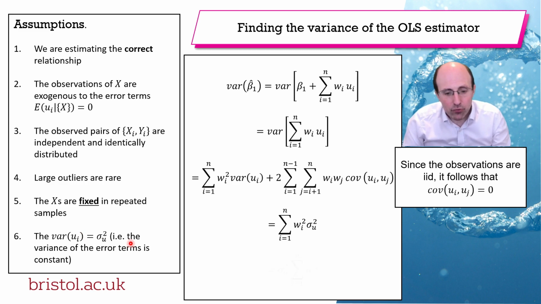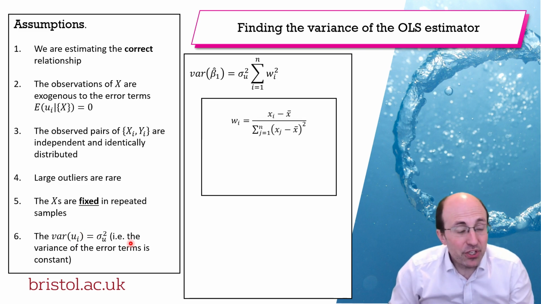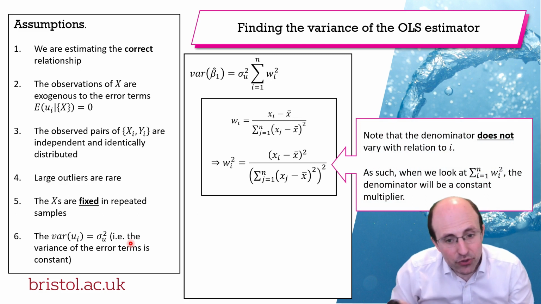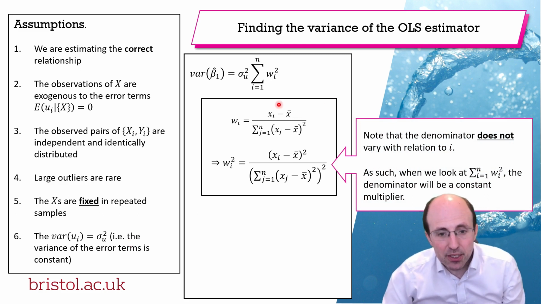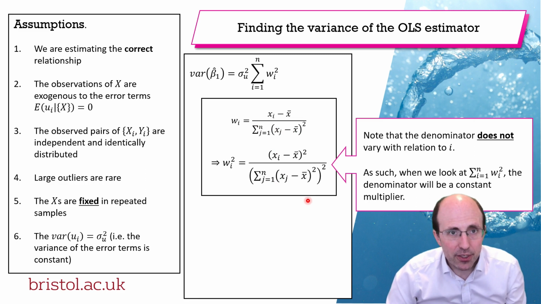So now we can rewrite this expression in terms of the x's. The wi, remember, is equal to xi minus x bar over the sum of the x minus x bar squared. So the wi squared will be xi minus x bar squared divided by the sum of x minus x bar squared, all squared.